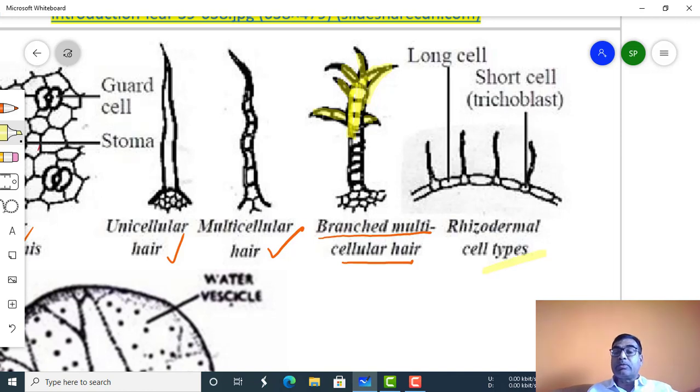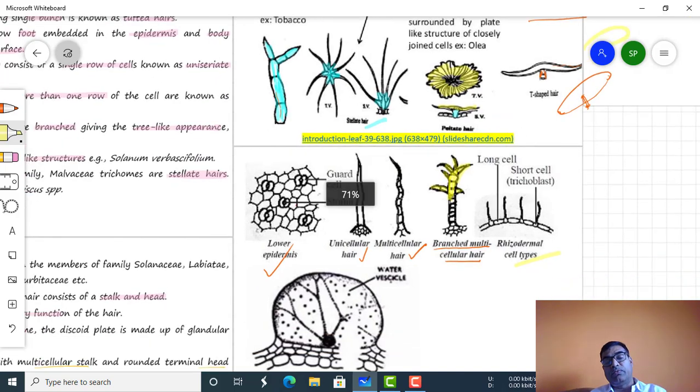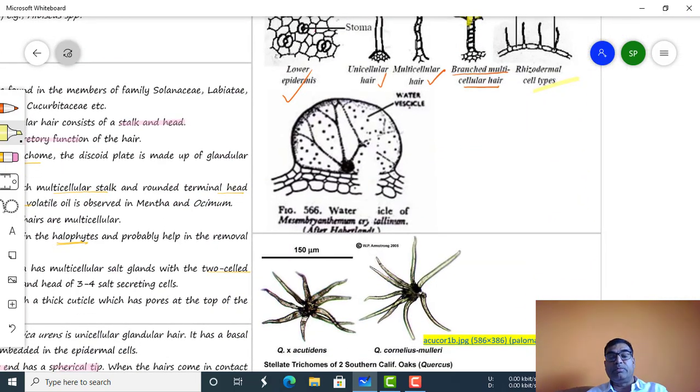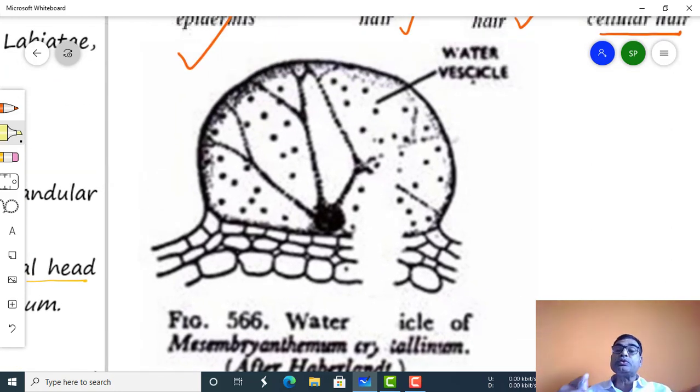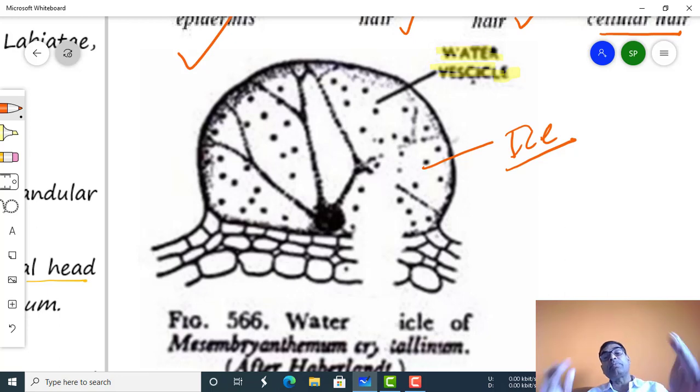These are the rhizodermal type, rhizodermal root hairs. Okay, this one is a figure of ice beads in Mesembryanthemum crystallinum. Some of the epidermal cells store water, and due to the cool environment, this water forms ice, and the surface of the plant, due to the presence of such ice, becomes shiny, or it forms a crystalline-like structure or beaded structure.